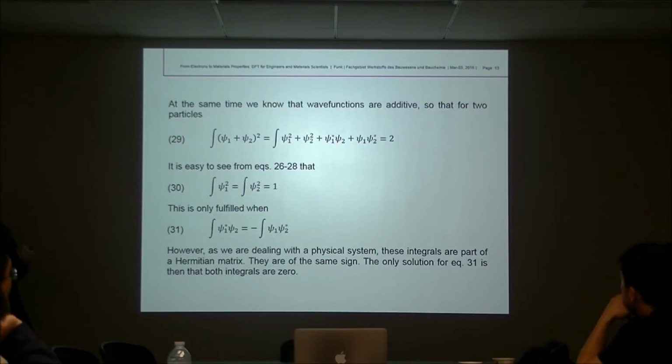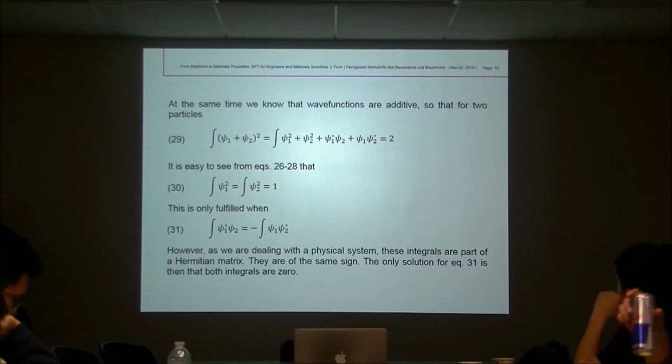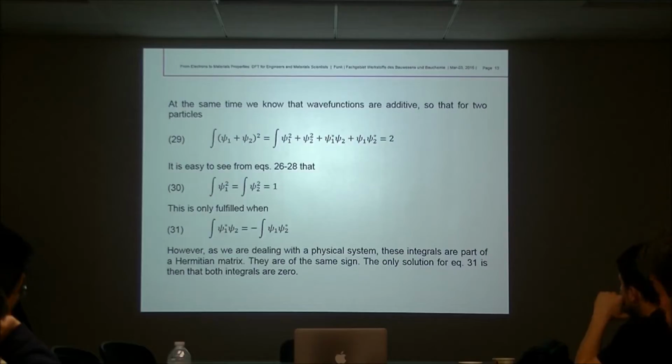And this must be 2. Well, this is a sum of integrals. We know that these integrals are easy to solve. But if each of them yields 1, then the remaining part must be 0, which is only fulfilled if this holds true.